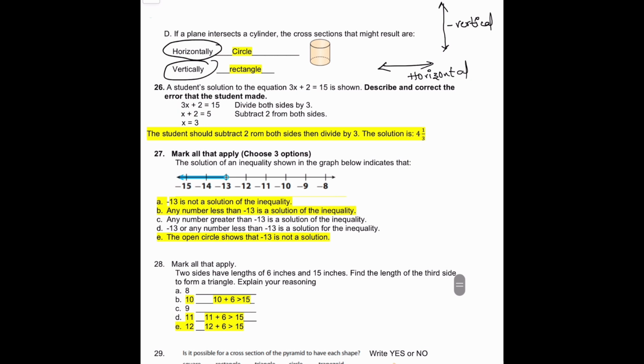Now, if I cut it like this vertically, I will definitely get a rectangle here. So it will be looking something like this. So you still have a rectangle there.